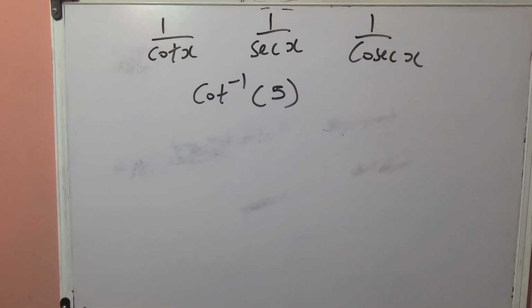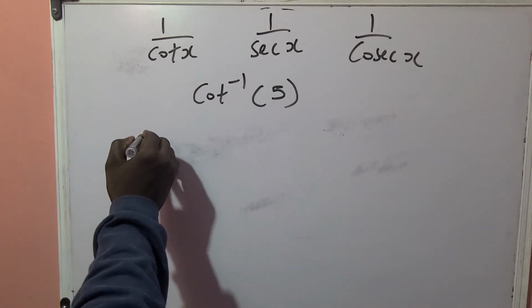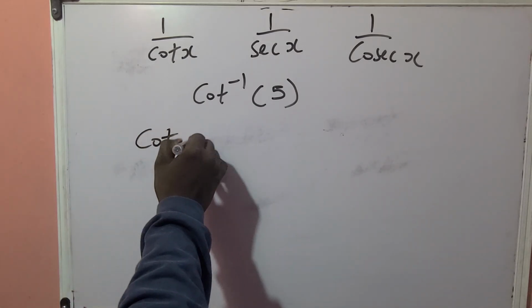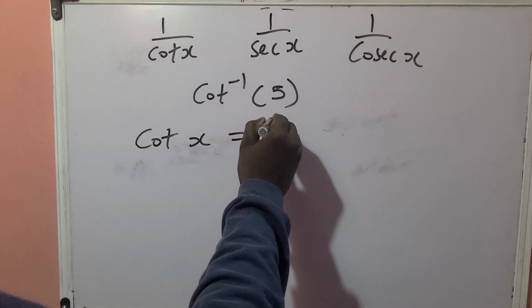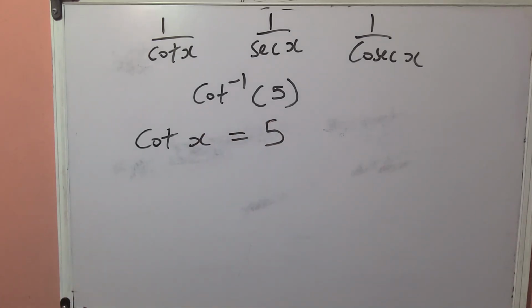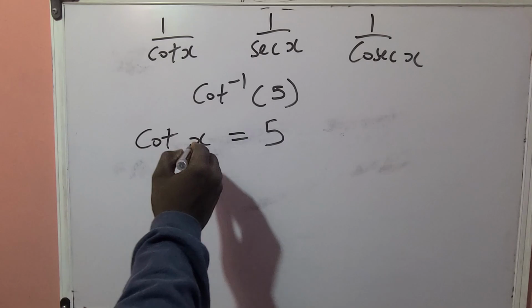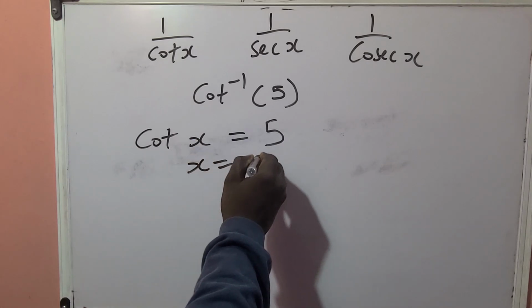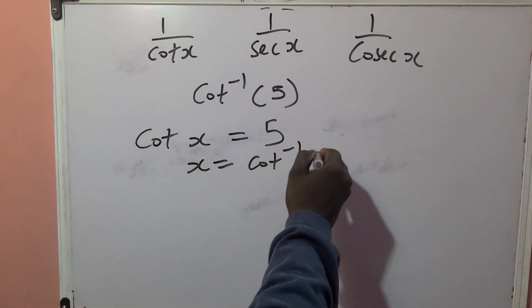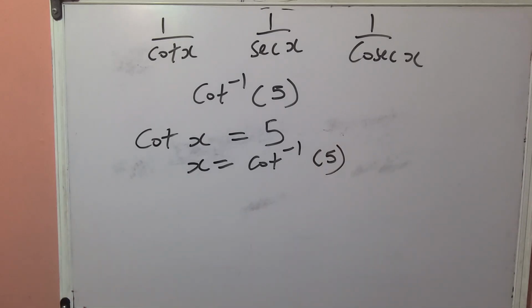Now, if you were solving a question and you arrived at a place where you said cot x equals 5, then the next thing to do is to say x equals arc cot 5. And then you notice that you don't have this particular function on your calculator. So how do you go on to solve this? Well, let's examine something.